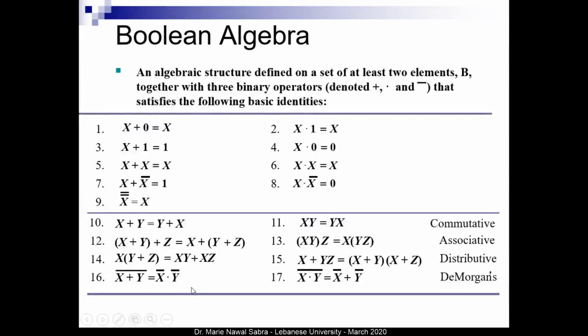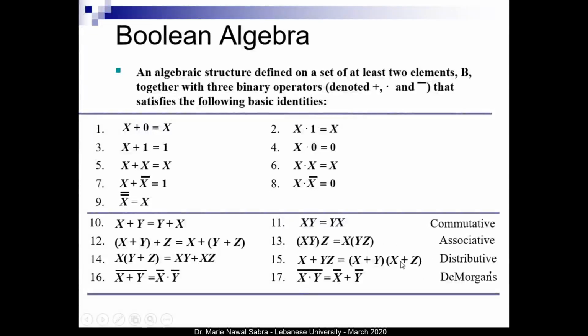Some basic laws that I would like to mention here: x OR y equals y OR x, same for the ANDing; this is the commutative law. X OR (y OR z) is equal to (x OR y) OR z when we change the expression that we solve first. This is the associative property, also true for the ANDing. The distributive as well, so x AND (y OR z) is xy OR xz.